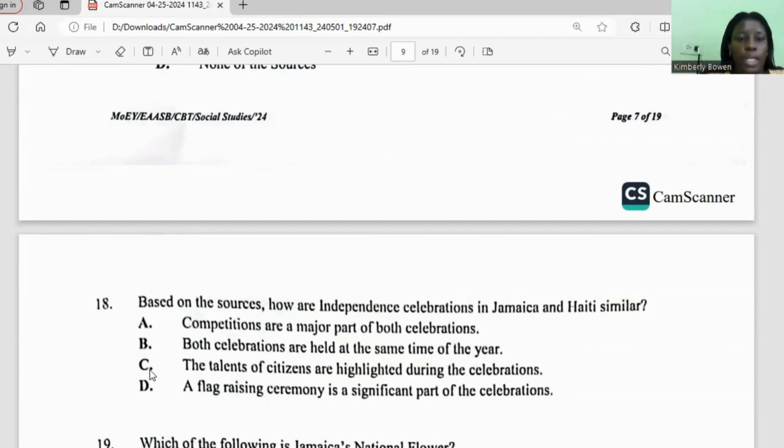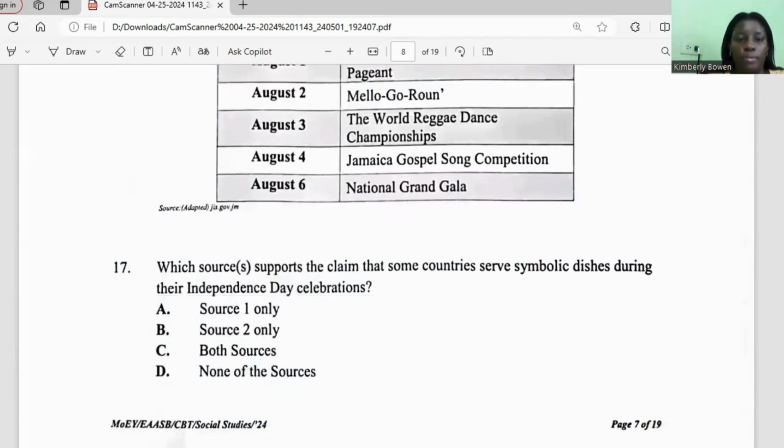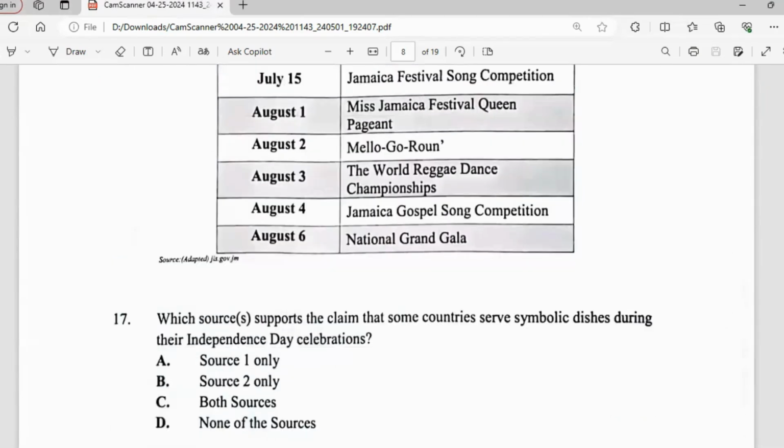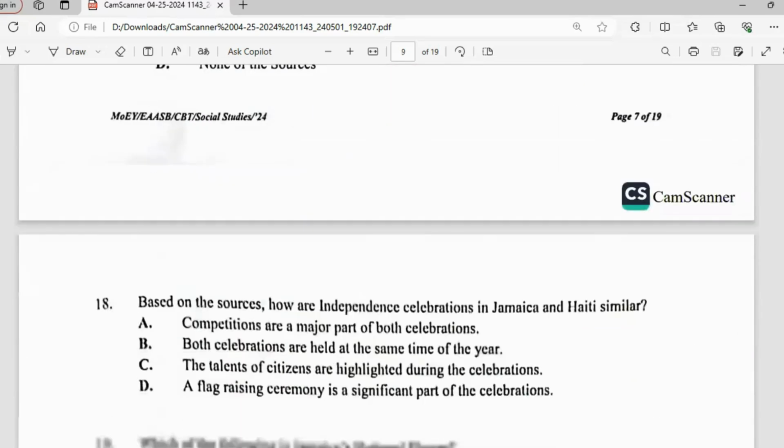Okay, so the talents of the citizens are highlighted during celebrations. Let's look back at the table. Yeah, so the correct answer is E.